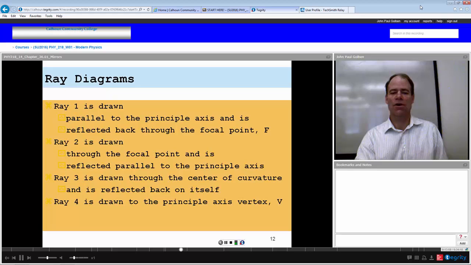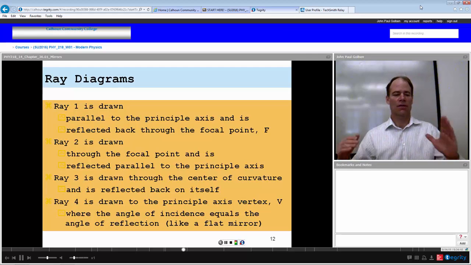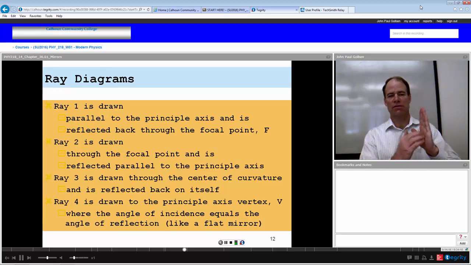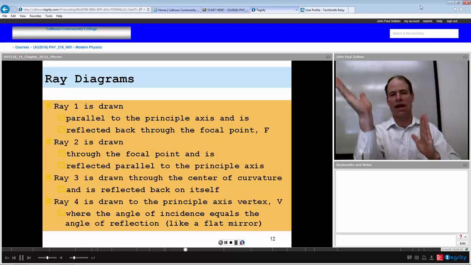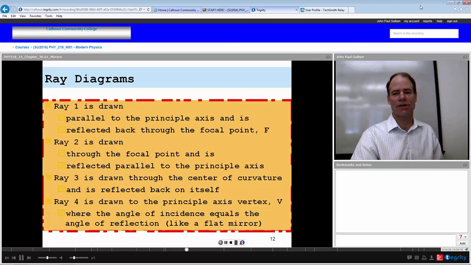Ray 4 is drawn to the principal axis vertex, which is right in the middle of the mirror, and the angle of incidence should equal the angle of reflection. So it will, if we treat that as, at least in a local sense, as being relatively flat at that point, whatever angle it comes in with is going to equal the angle it comes out with. We will use these kinds of ideas to construct a ray diagram.